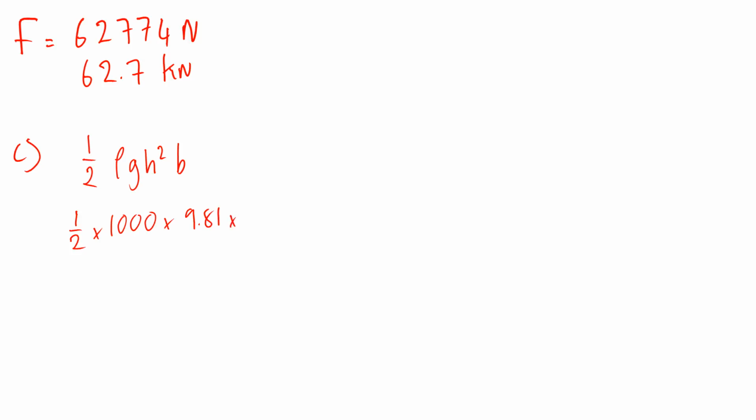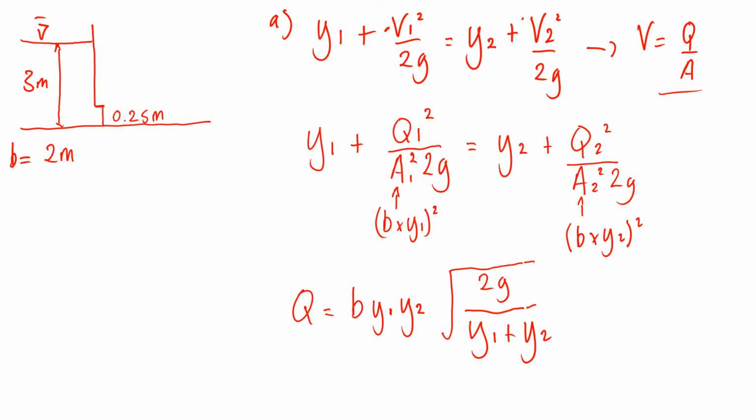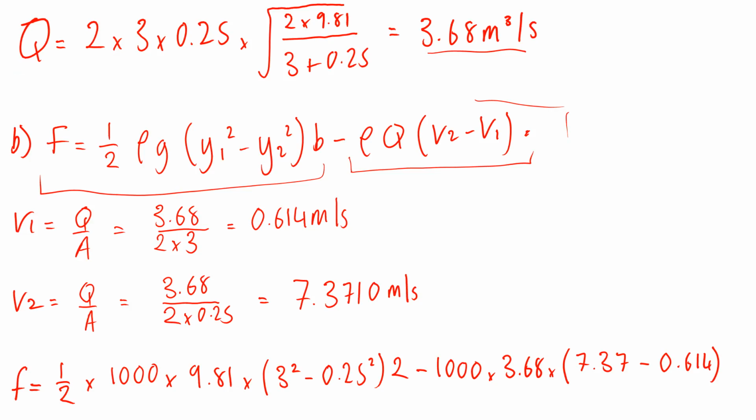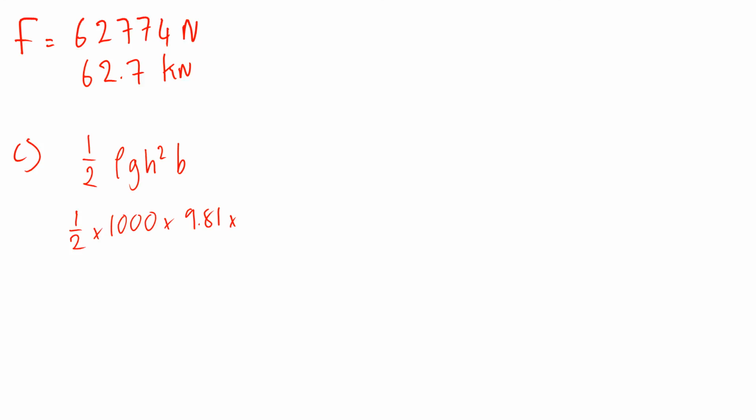What is H this time? H will be 3 minus 0.25, because we're interested in the force on the sluice gate, which equals 2.75 meters.